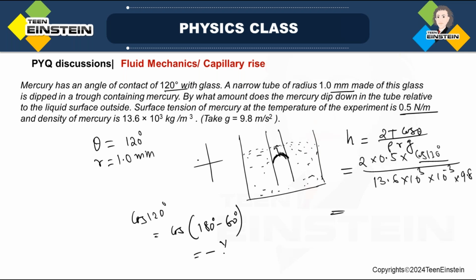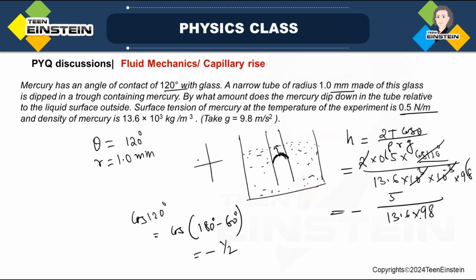Cos 60 is half, so minus half. The 2 will cancel, but there will be a minus sign. This is 10 to the power 3, this 10 to the power minus 3. So ultimately 5 in the numerator divided by 13.6 into 9.8.